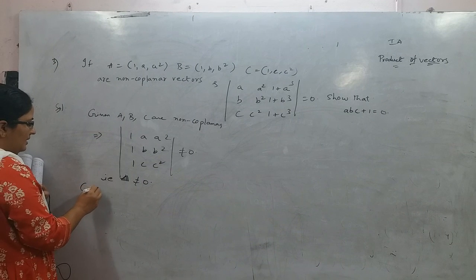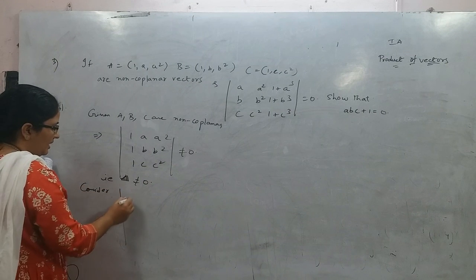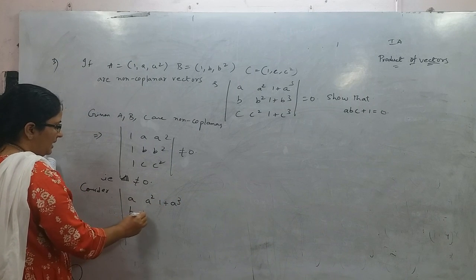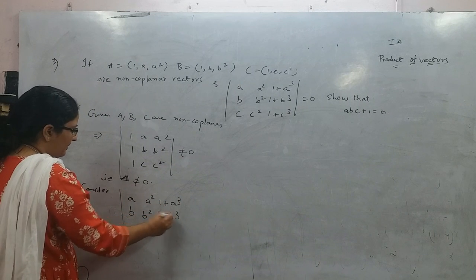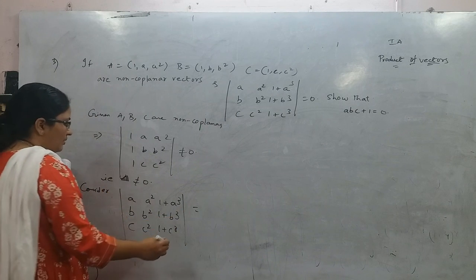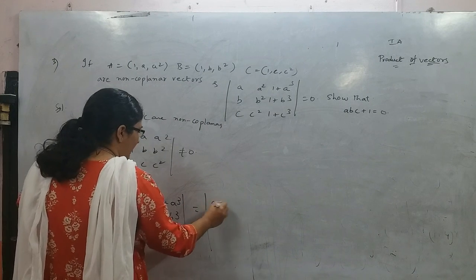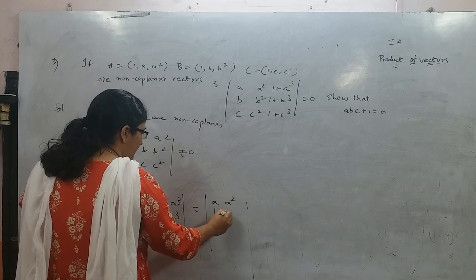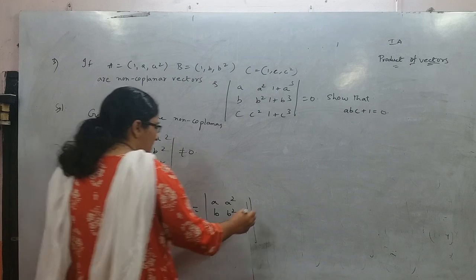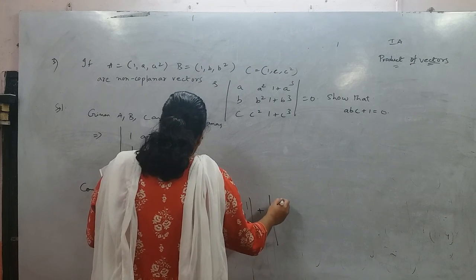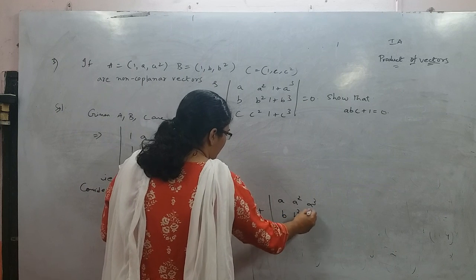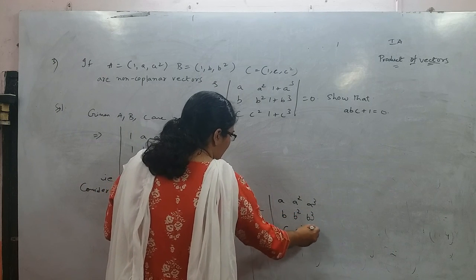Consider the determinant of a, a square, 1 plus a cube and so on, that is equal to the determinant with columns a, a square, 1 plus the determinant with columns a, a square, a cube.